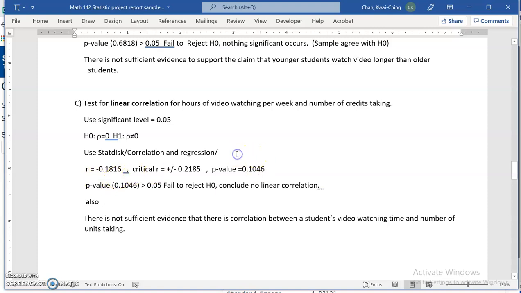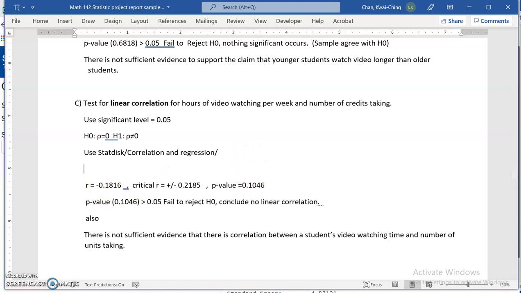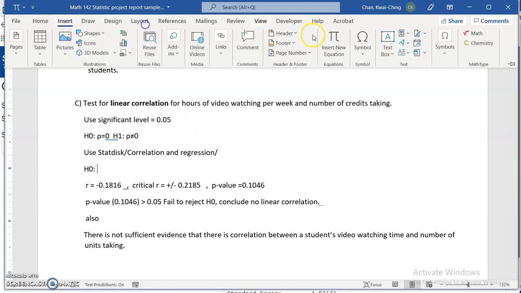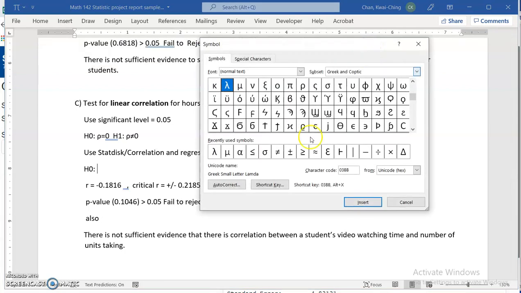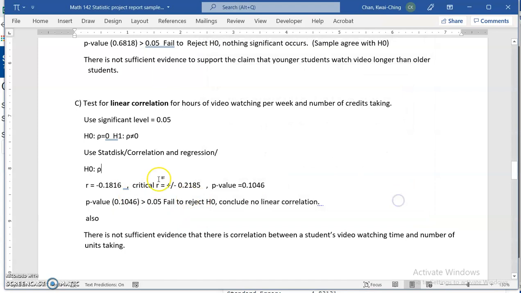You can actually talk about H0. What is H0 here? H0 is rho. Where is rho? Is this symbol rho, the Greek symbol? Oh, it doesn't show up. Here, this one. Rho is equal to 0. No linear correlation.